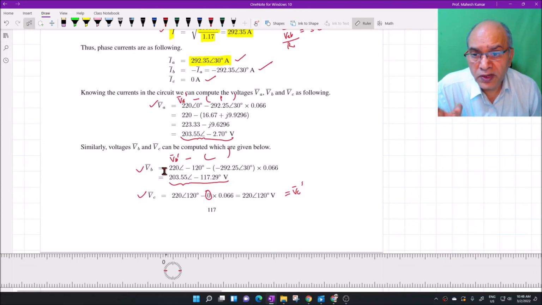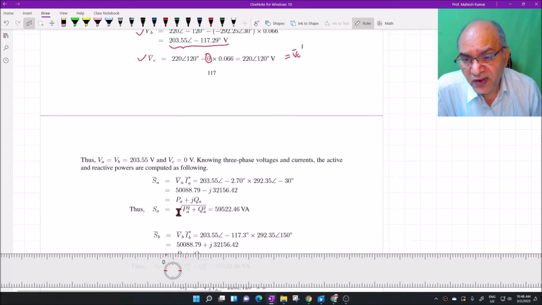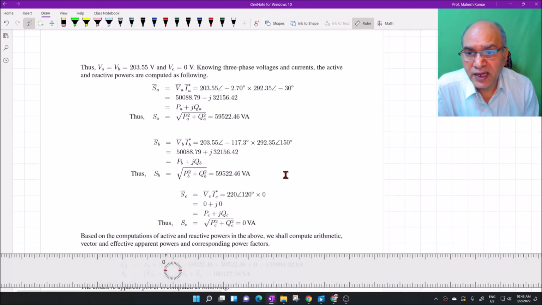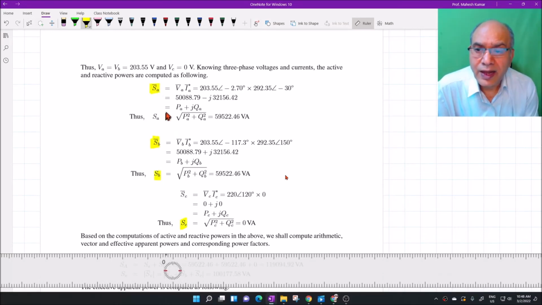So once we know VA, VB, VC, and we know IA, IB, IC, we can find out SA, SB, SC. Okay, this is SA, this is SB, this is SC. SA is VA into IA conjugate. If you solve this, you will get the value as PA plus jQA. So QA is negative actually.